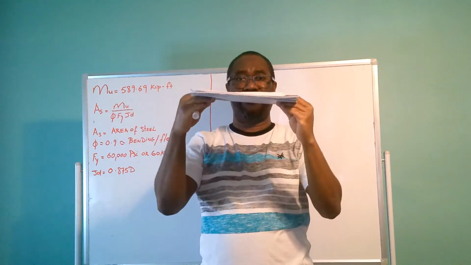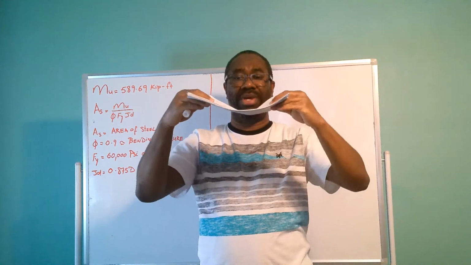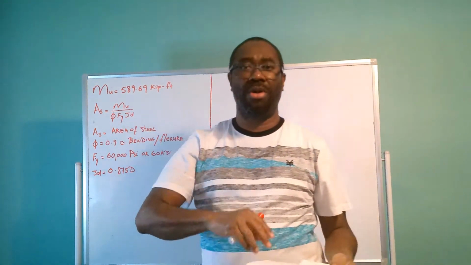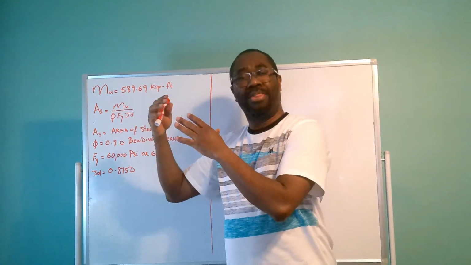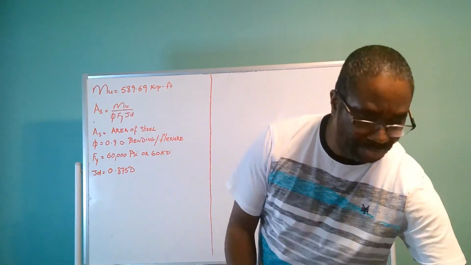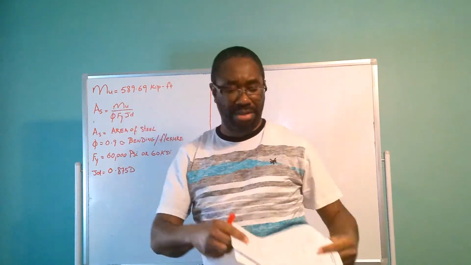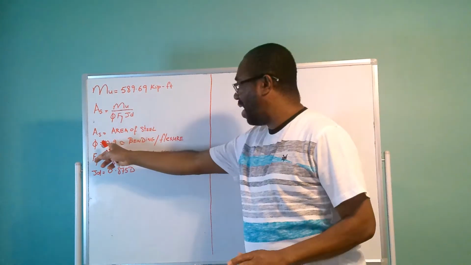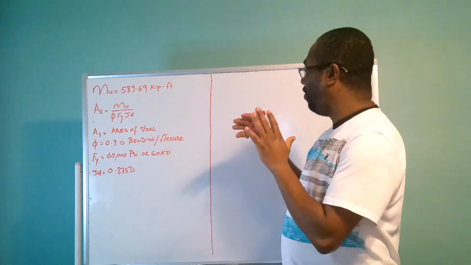So it's like this before, and when it is loaded, the tendency is going to be like this. As in the case when I showed you how to plot the maximum bending moment diagram. The bending moment diagram is going to look like this, if you can remember. So that phi 0.9 is for bending or flexure.